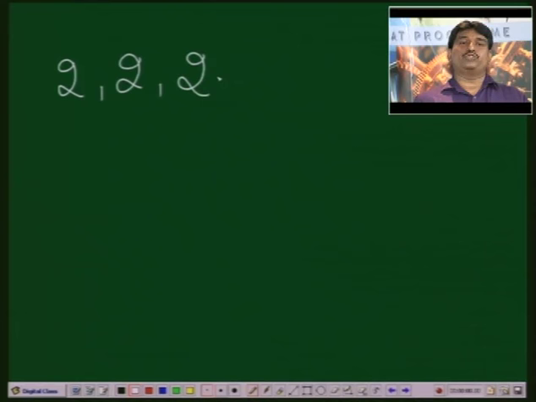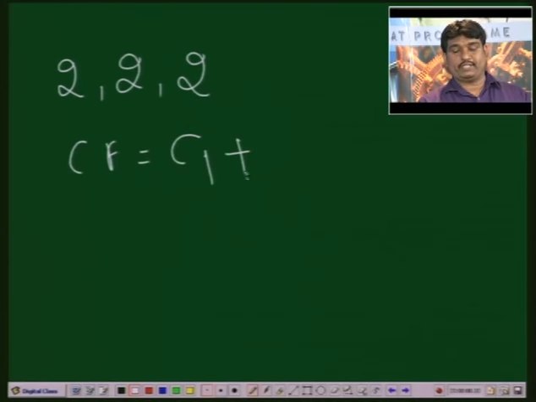Now, suppose roots are repeated. For example, 2, 2, 2. For repeated roots, the complementary function is like this: C1 plus C2 into x plus C3 into x square, all into e to the power of 2x.